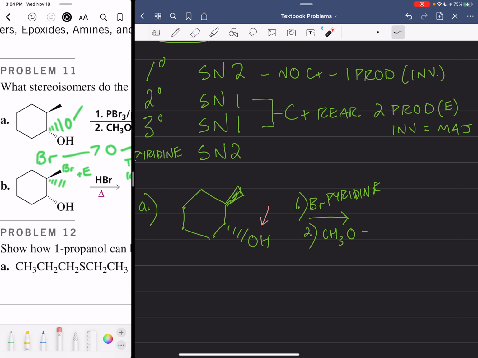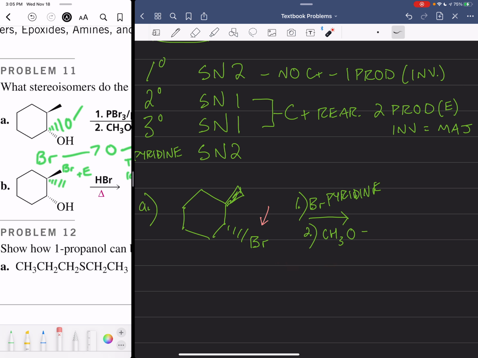This is an exception because pyridine automatically converts this to SN2. We do not have to worry about carbocations here. So our OH disappears. Bromine takes its position. Now we have a good leaving group, right? What a great harmony this is, Br to O minus.